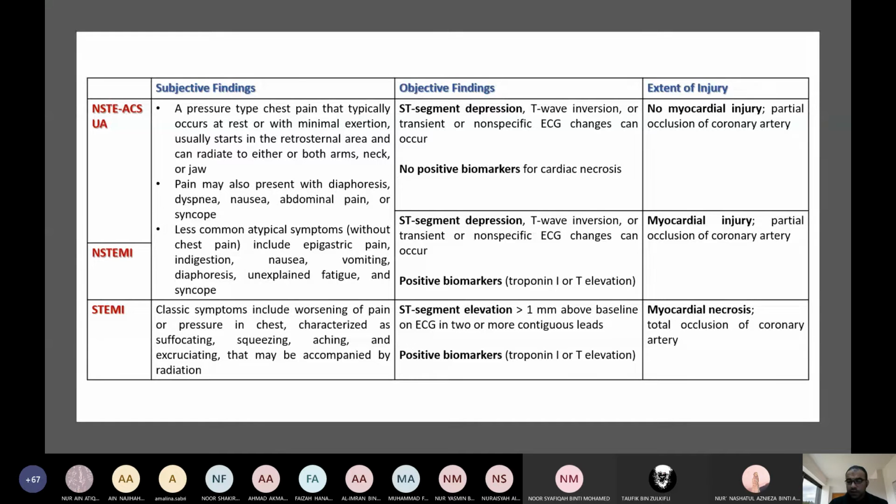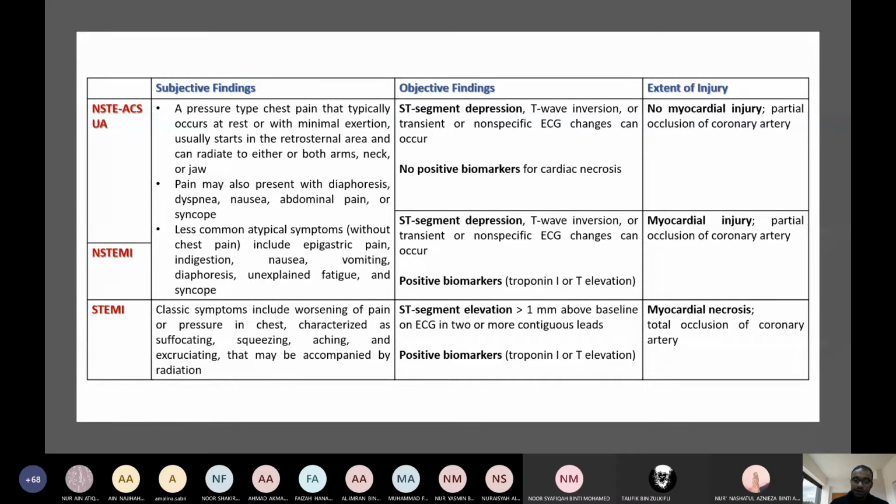You can see here in non-STEMI, of course, the myocardial injury takes place. In unstable angina, there is no myocardial injury. In terms of ECG, the ST segment depression, not elevation, will be there. And of course, if there is no myocardial injury, there are no positive biomarkers.